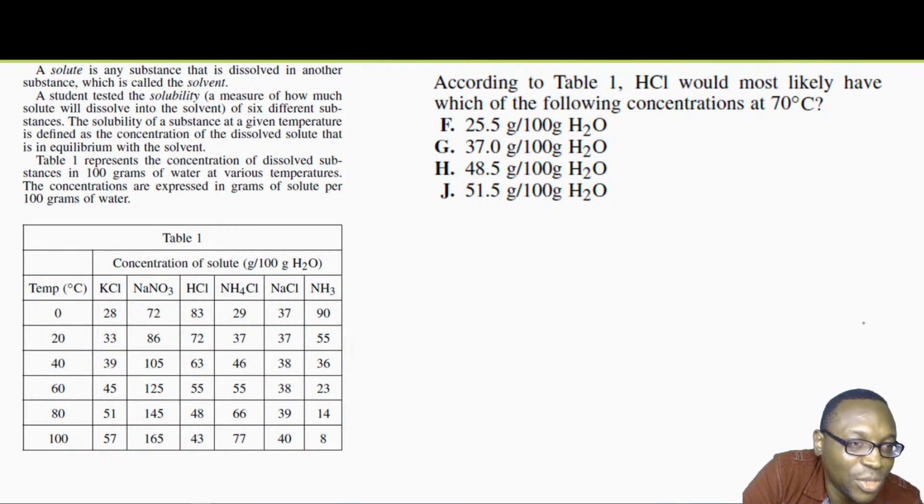According to the table, HCl will most likely have which of the following concentrations at 70 degrees Celsius?